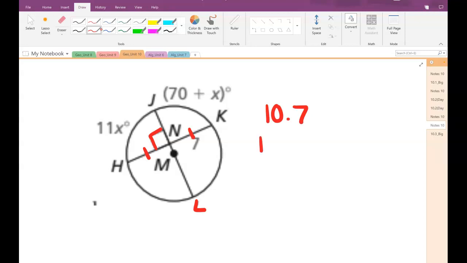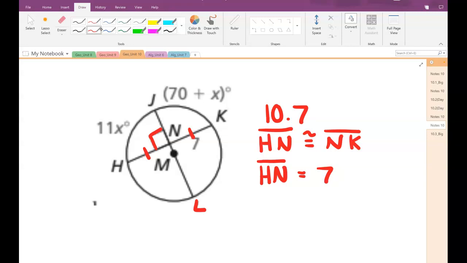So we could say HN, the segment, is congruent to NK. So they're both equal to, if we want to give a length for HN, HN is equal to 7, so right here. That's not one of the things we're looking for, though.